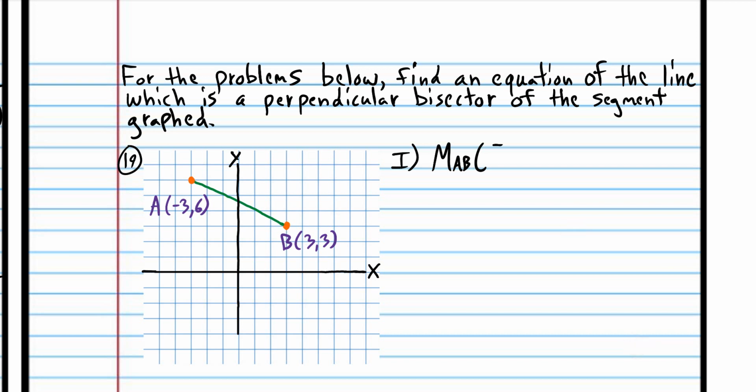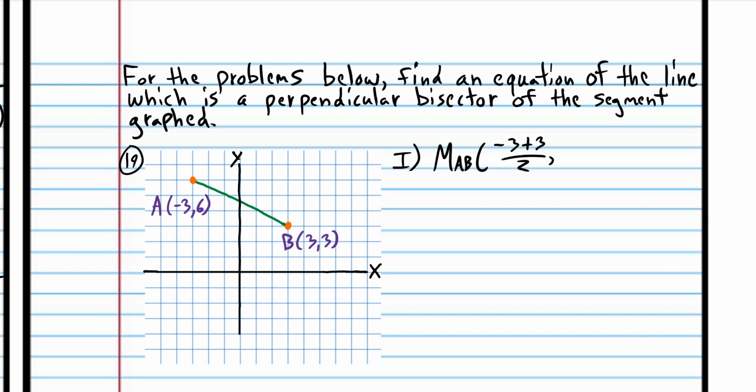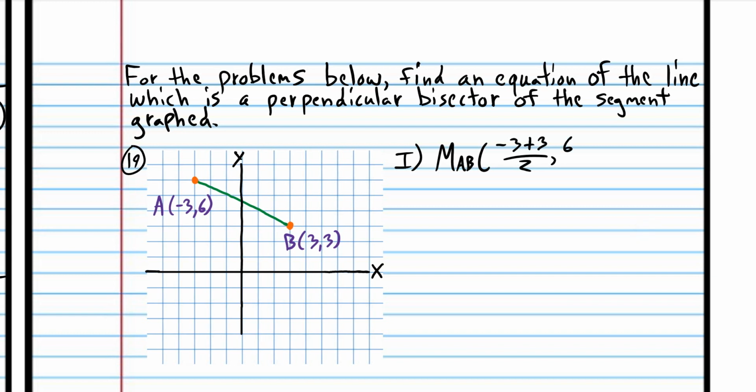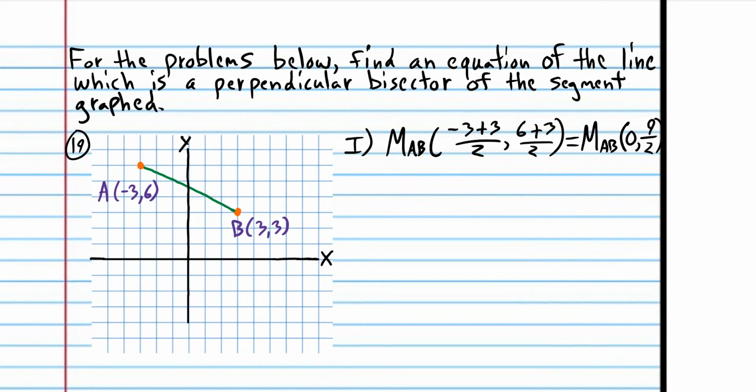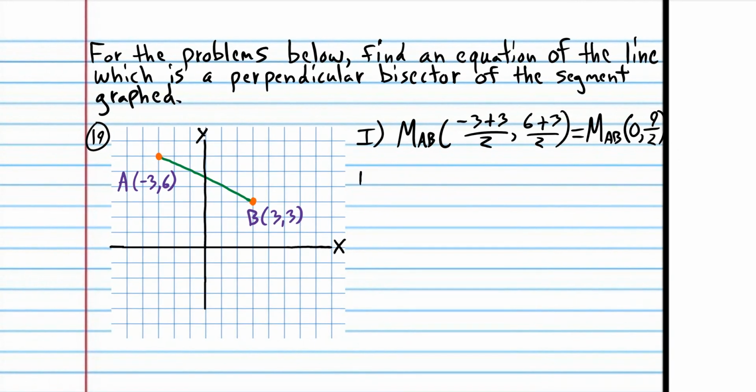So negative 3 plus 3 over 2, and 6 plus 3 over 2. That simplifies to 0 and 9 halves. That's the midpoint. And so we have the midpoint.